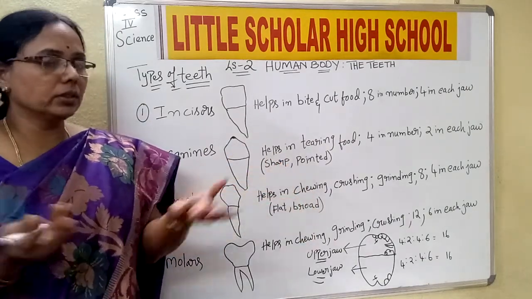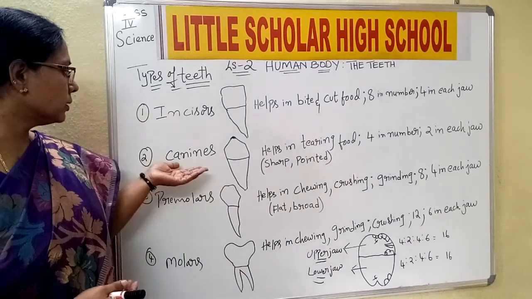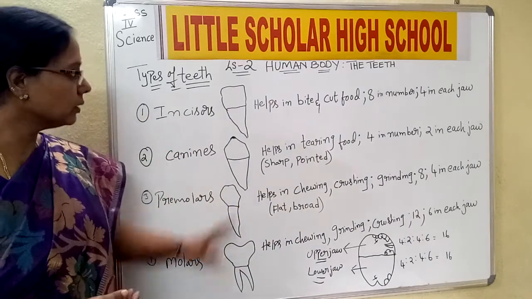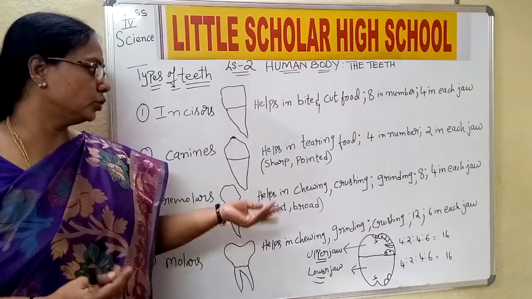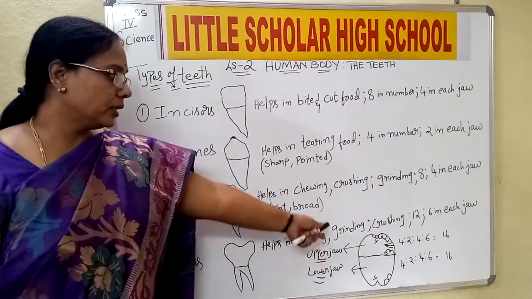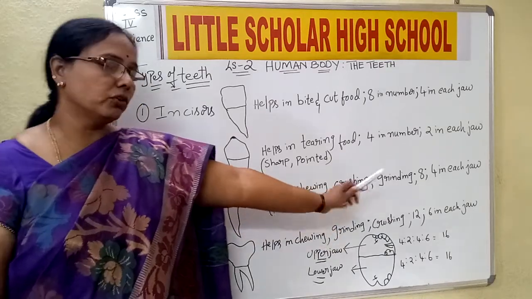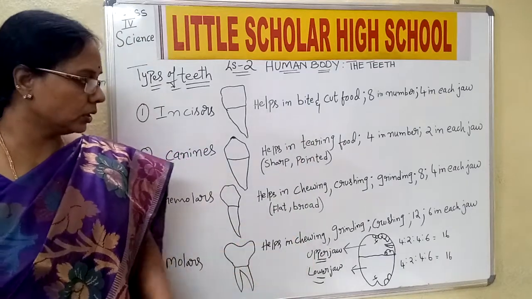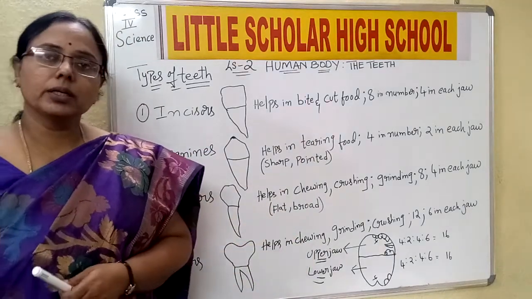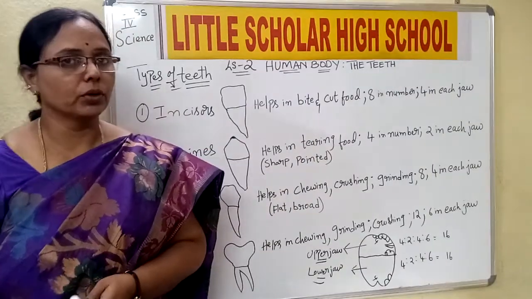Yes or no? This is general knowledge also. So incisors, canines, premolars and molars help in biting and cutting the food, tearing the food, chewing, crushing and grinding, and they are distributed as 4 2 4 6, 4 2 4 6 in the upper and lower jaws. So 16 and 16 is nothing but 32. An adult person has a total of 32 teeth.